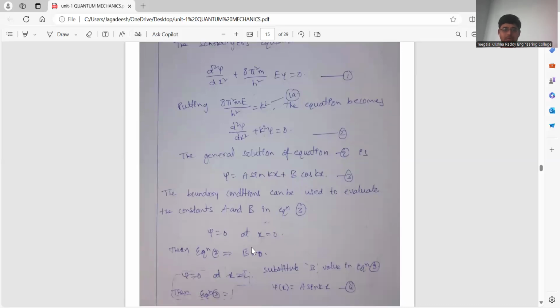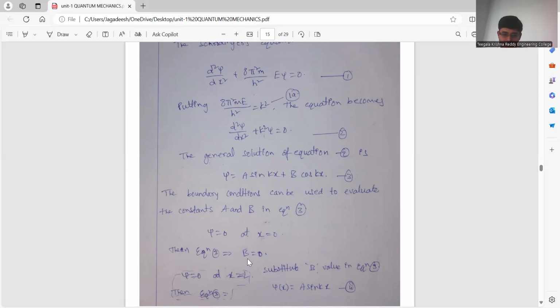What is the first boundary condition? At x equal to 0, the wave function ψ is 0. Then in equation 3, we substitute x equal to 0: the sine part is 0 and ψ equal to 0 here. Only cos 0 equal to 1, so we have only B. Nothing but B equal to 0.